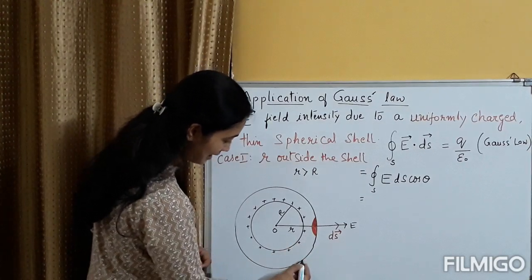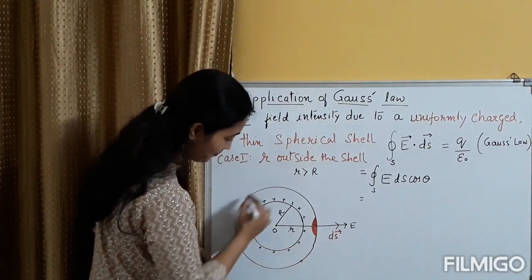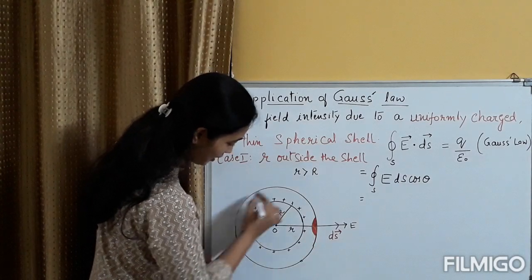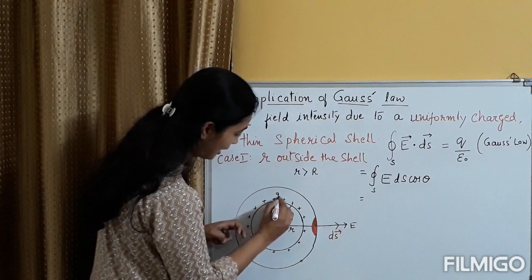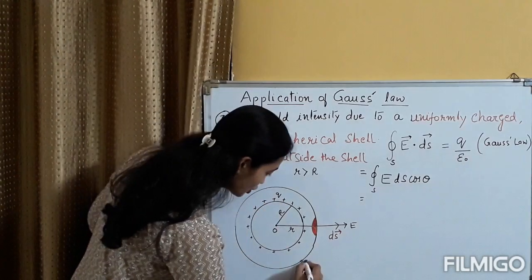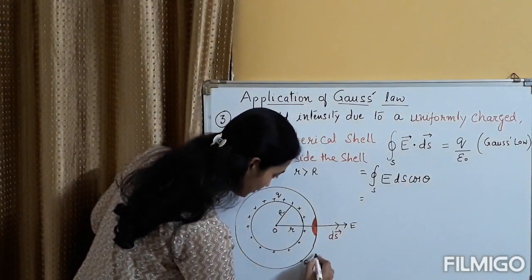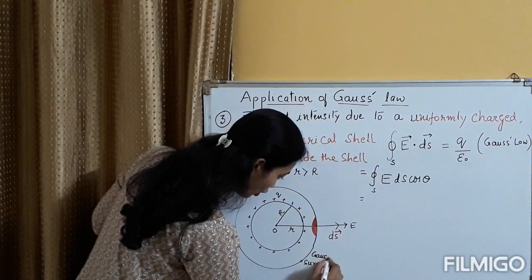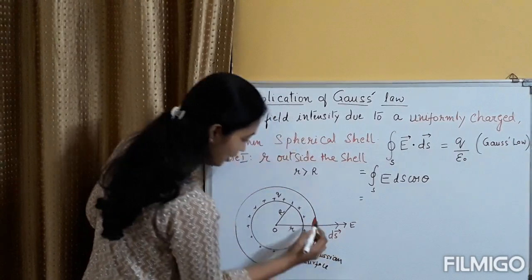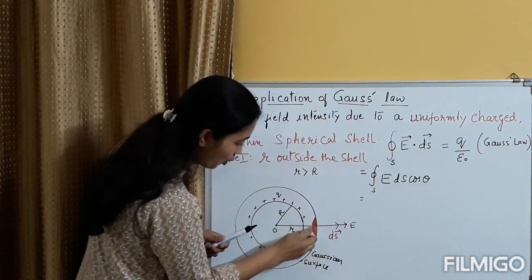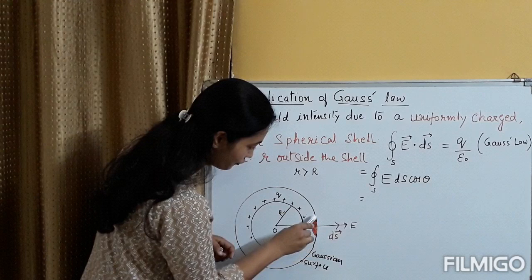Now you can see this external spherical surface, which is enclosing the actual charged shell, is serving as the Gaussian surface. This is the Gaussian surface. And we have chosen a small portion from the Gaussian surface with a different color.